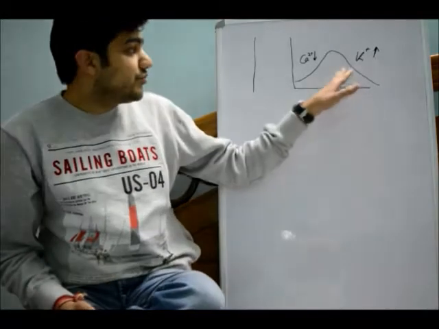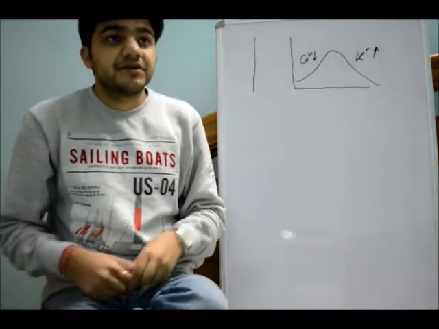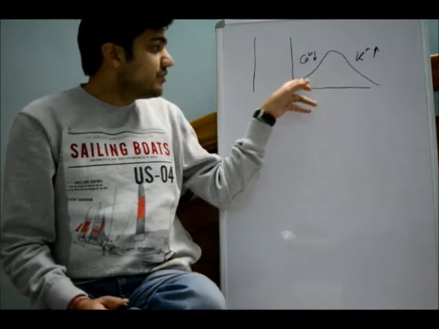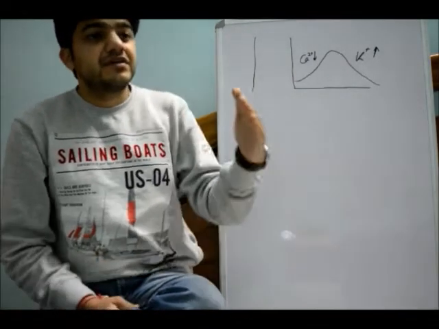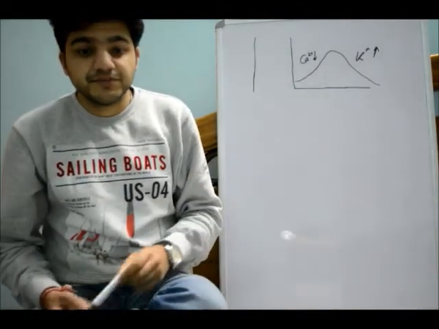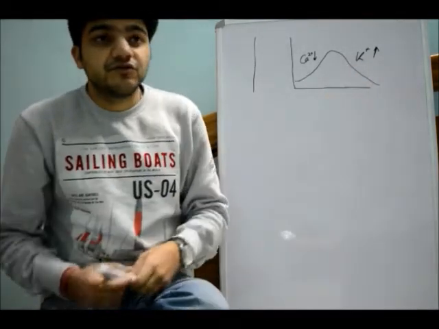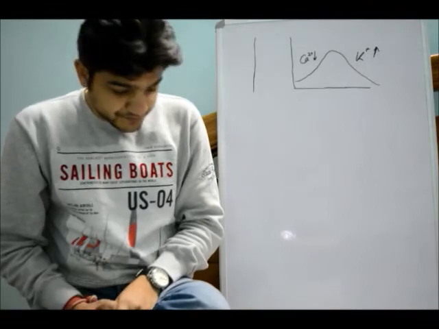So that AV nodal delay is due to this slow, or less steep, curve of the action potential, which is responsible for the slower conduction.